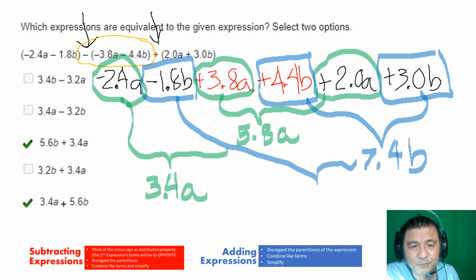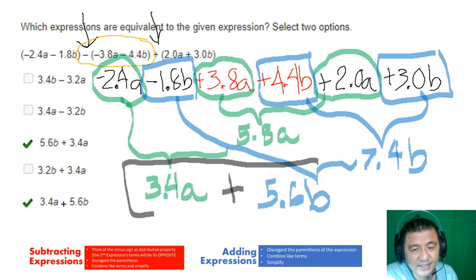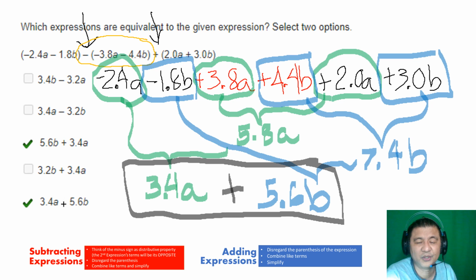Okay, 7.4 minus 1.8 is what? Is 5.6b. All right. So guess what? Is it positive or negative? It is positive. So, therefore, I put a plus. So this is my correct answer. I can't combine them anymore.